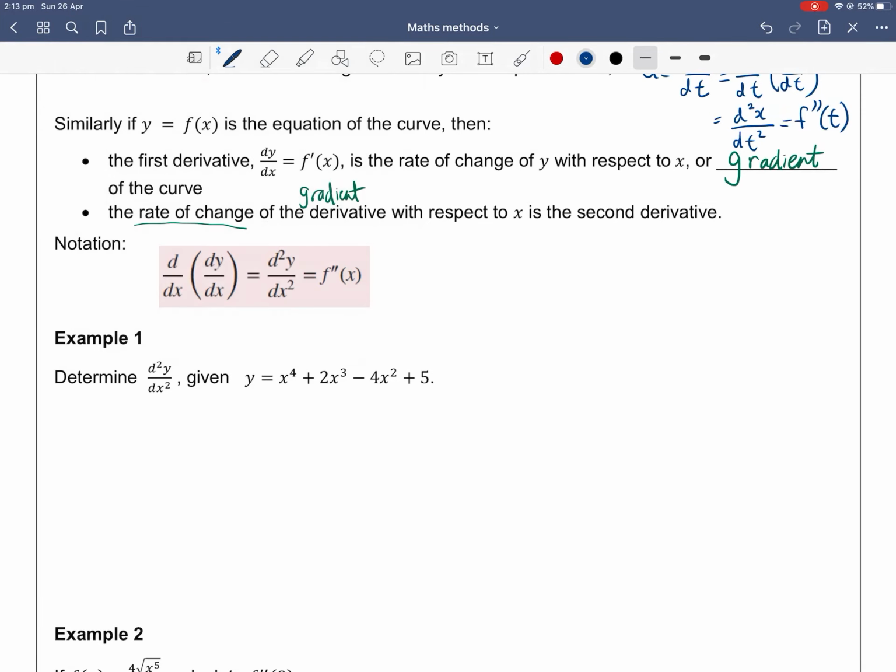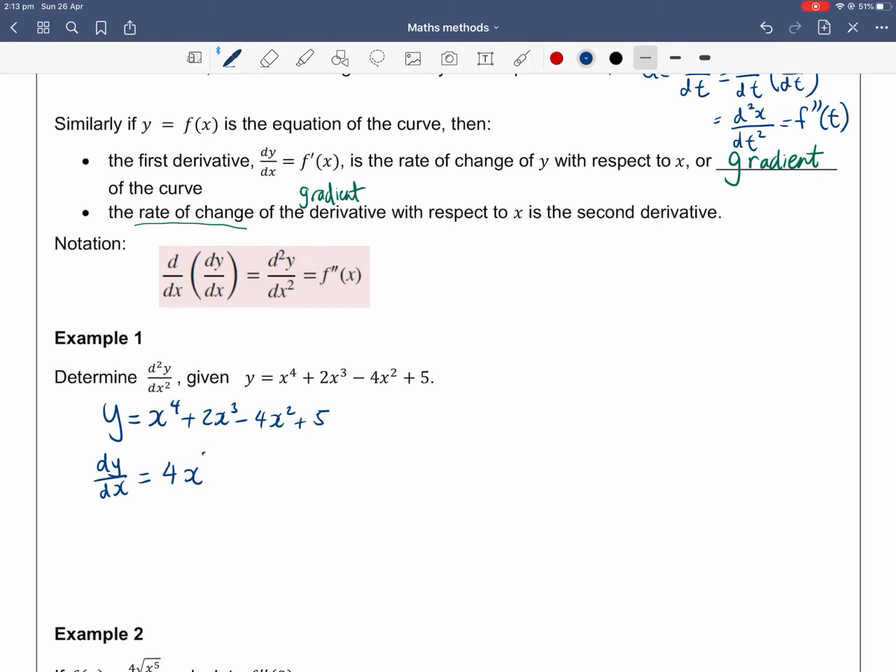So first we've got our function, which is y equals x to the 4 plus 2x cubed minus 4x squared plus 5. In order to work out the second derivative, we need to first work out the first derivative. So first derivative dy/dx, basic polynomial: coefficient times power down, x to the new power, which is taking away 1 because we're differentiating.